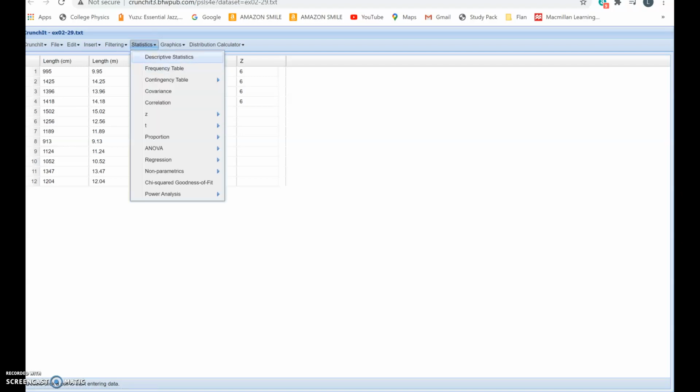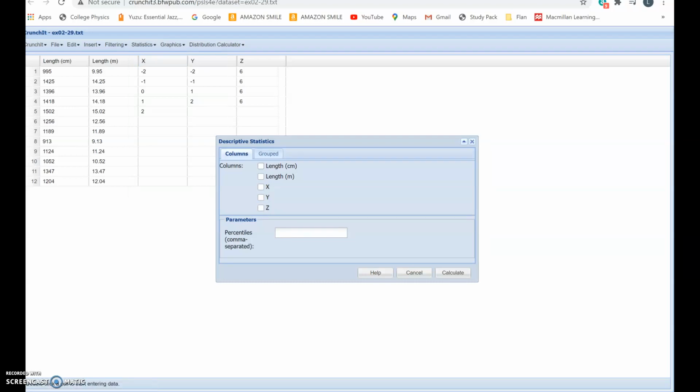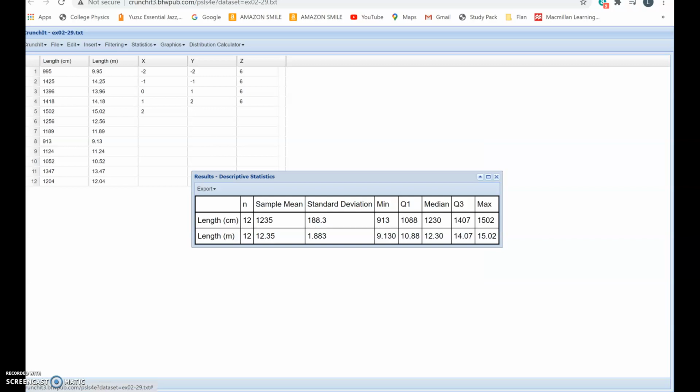Go to statistics, descriptive statistics, the length in centimeters, the same lengths converted to meters, and calculate. Now I want you to look at the column which says standard deviation. The standard deviation of the lengths measured in centimeters is 188.3, and the standard deviation of the lengths measured in meters is 1.883. So there is a difference in the value of standard deviation if the units of measurement are different.